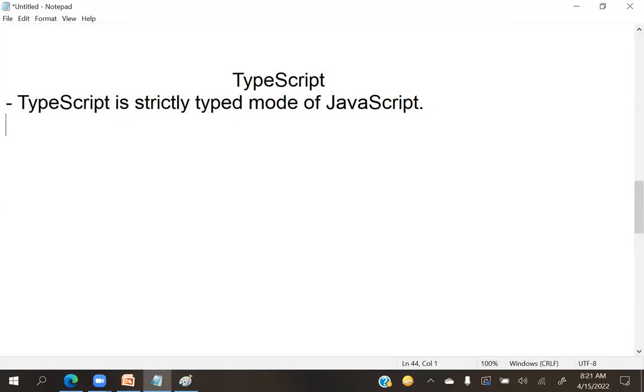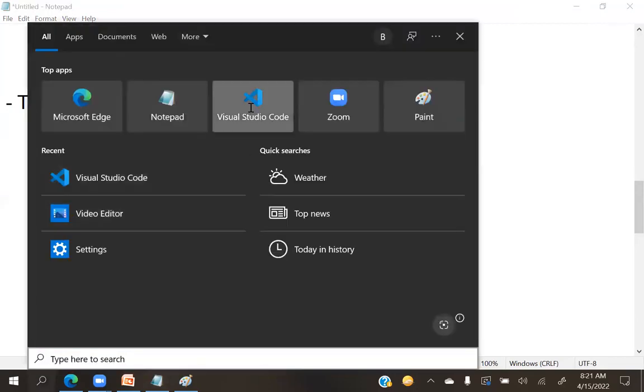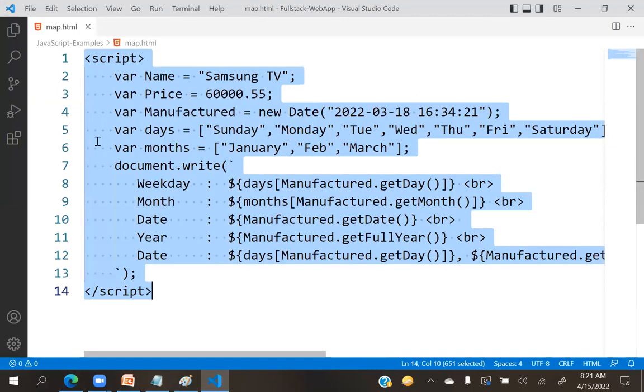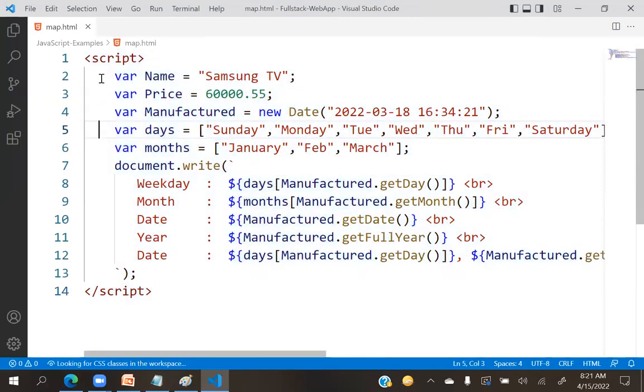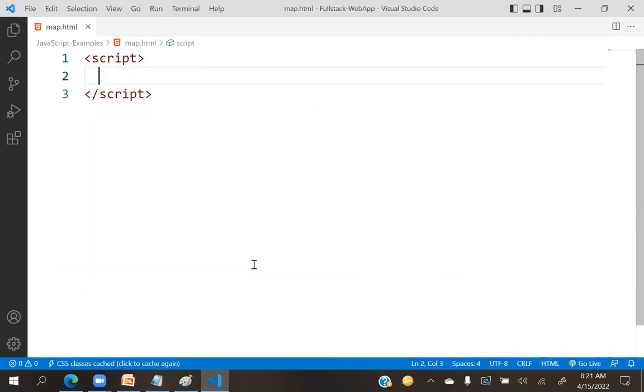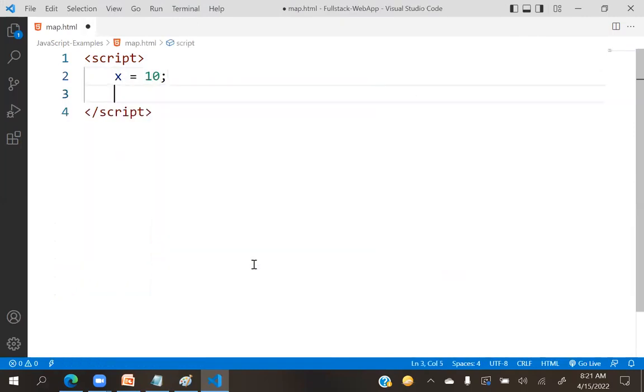I hope if you have learned JavaScript, you know JavaScript strict mode. I will just give you a simple overview. Don't worry what I am typing, just see the concept. Suppose I am giving x equal to 10, document.write x.